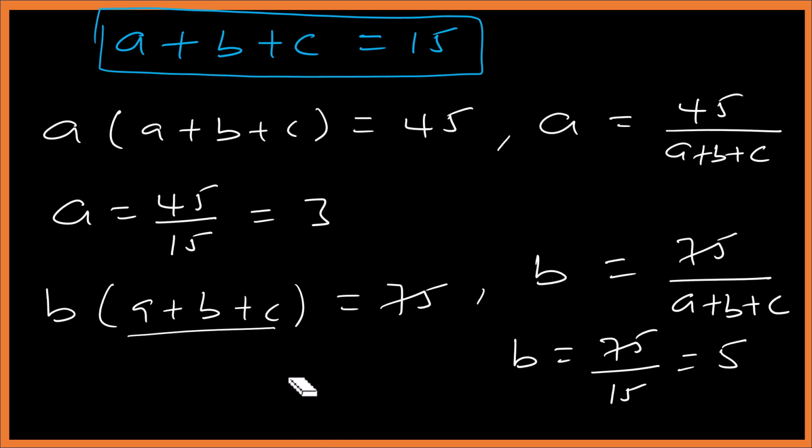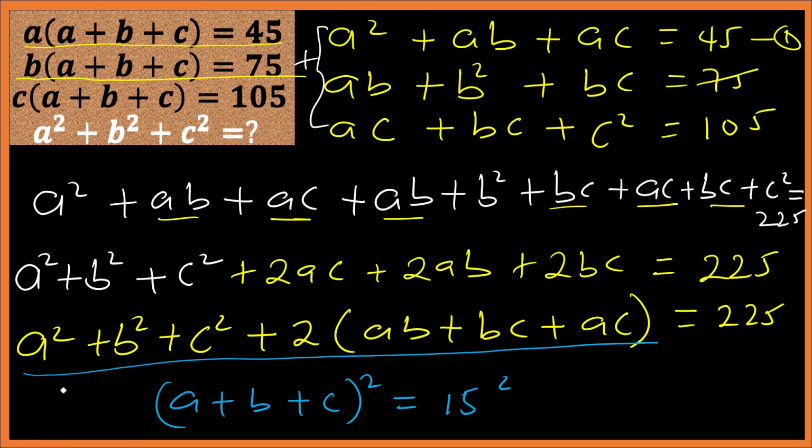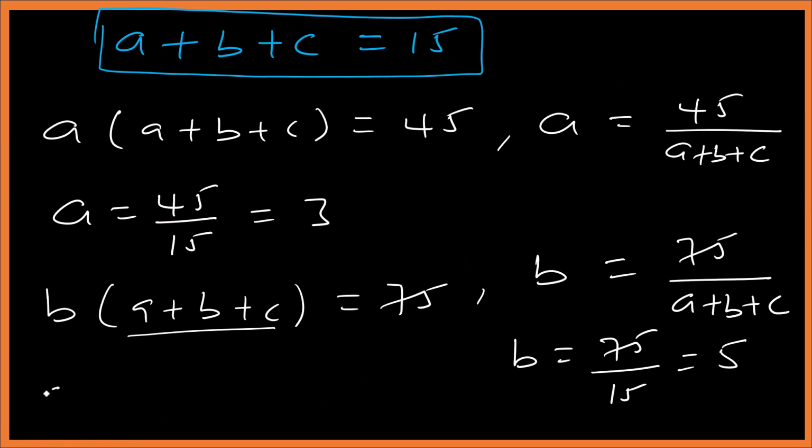Okay, now let's check the last one. So we have c times a plus b plus c equals to 105.